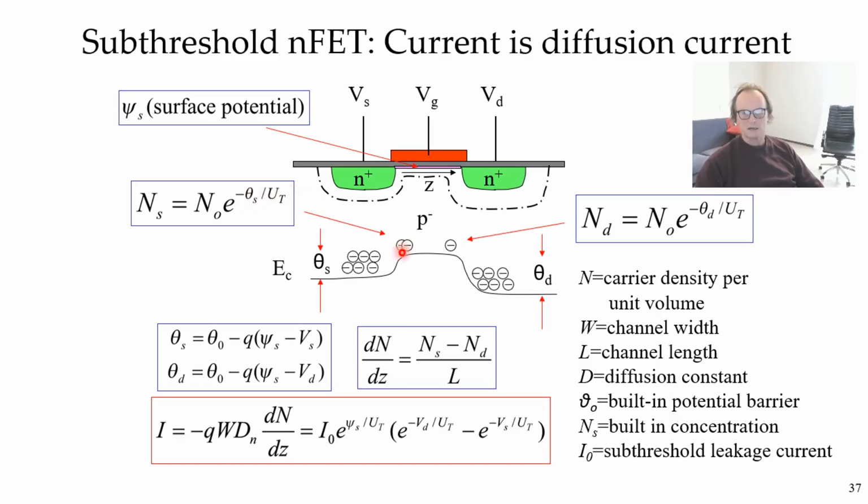What is theta s? It's the barrier from the source to the channel at the source end. That's the Fermi-Dirac distribution: some constant, which is dependent on temperature, times e to the minus barrier height in volts divided by the thermal voltage. Makes sense, right? Just exactly the Fermi-Dirac distribution.